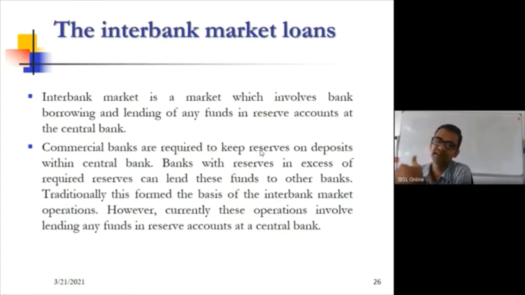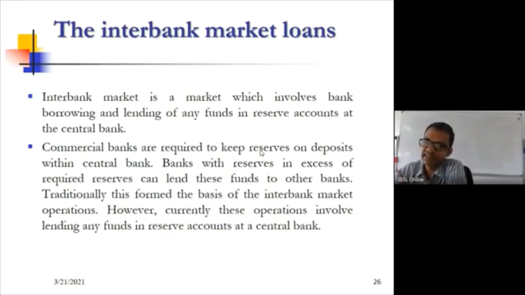So there may be excess funds more than the reserve requirement in that account. What do you do? If you keep it with the central bank, you don't get any interest. So to get some interest, you lend whatever excess funds you have. There may be some other banks that have deficits and want to borrow, so they borrow from the banks with surplus.